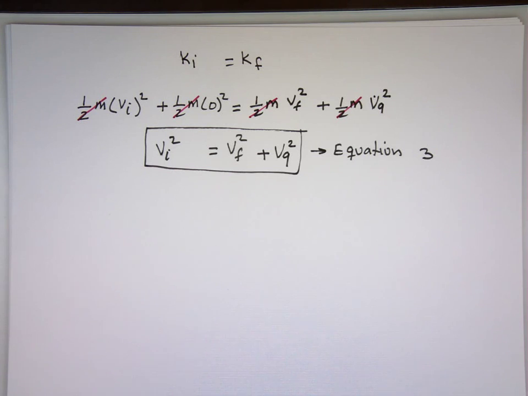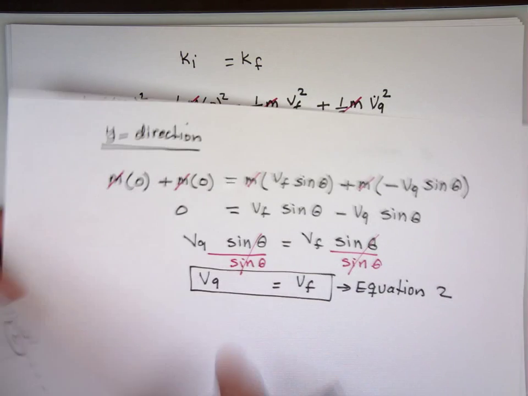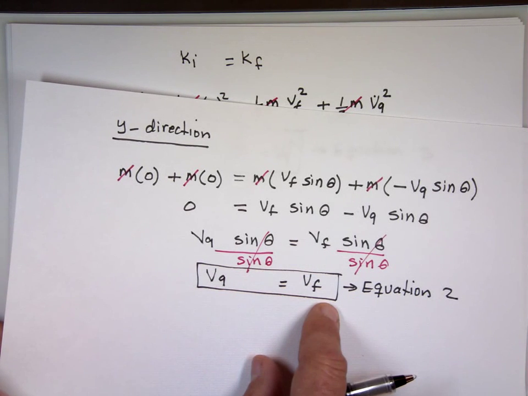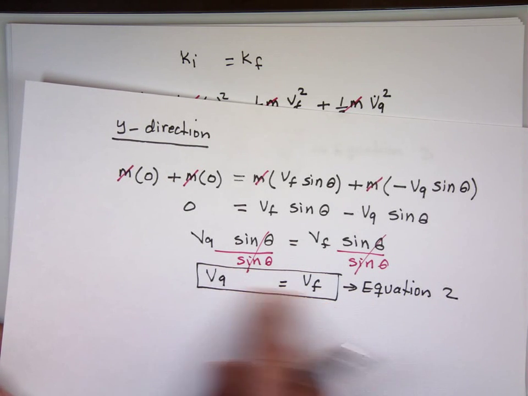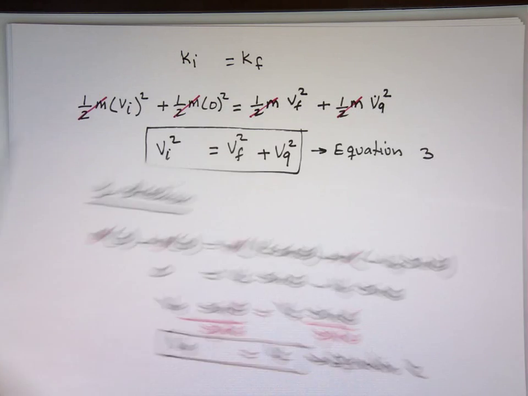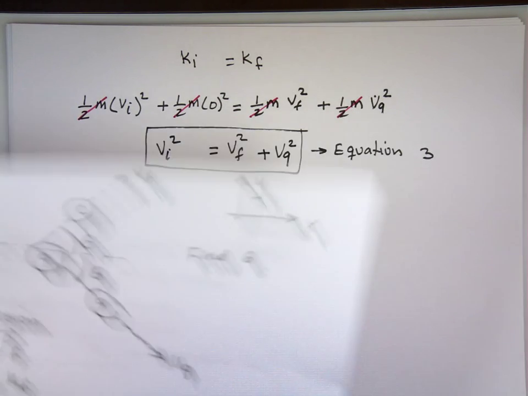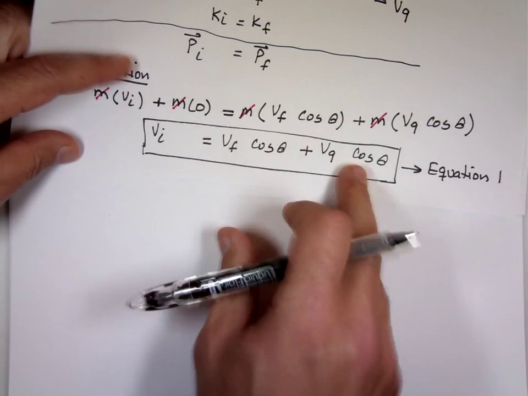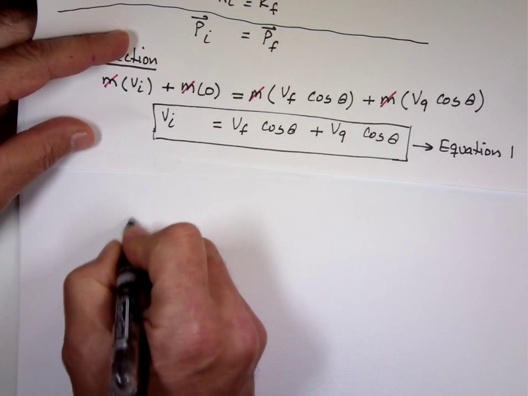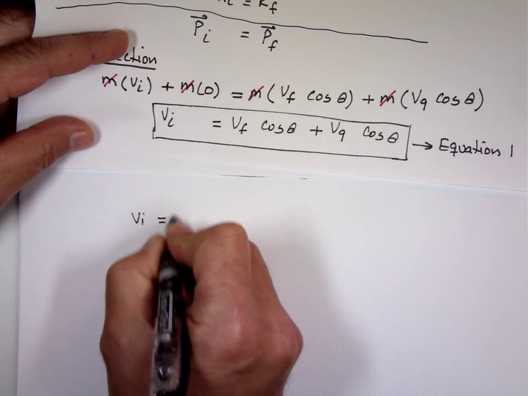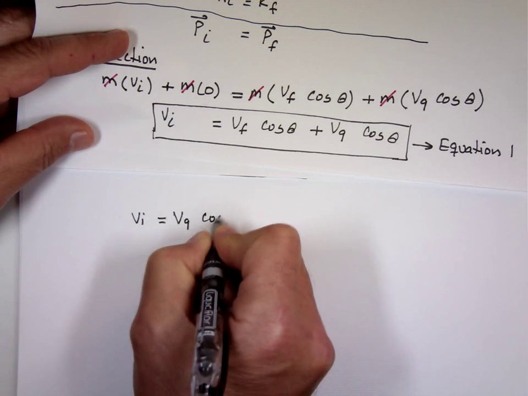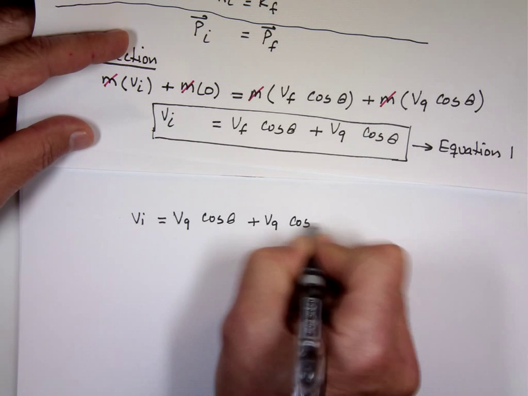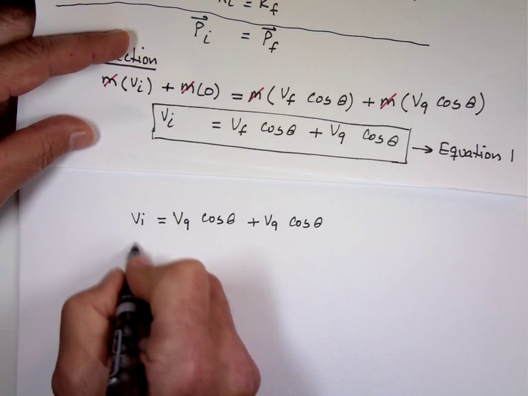Equation 2 tells me Vf equals V9. So let's do a substitution. If Vf equals V9, let's take equation number 1 and replace Vf with V9: V9 cosine theta plus V9 cosine theta. So Vi equals 2 of them.